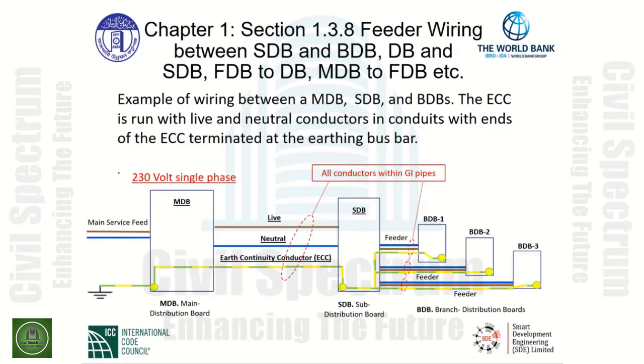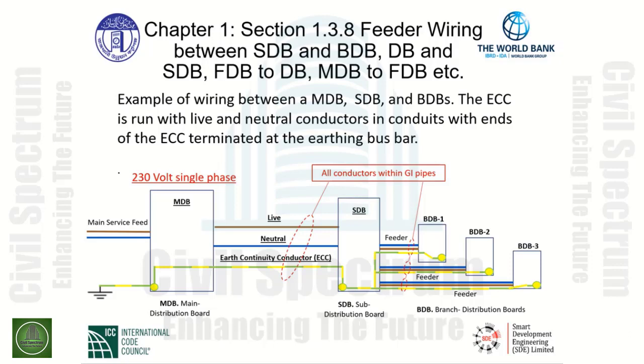An example of wiring between a main distribution board, a sub-distribution board, and branch distribution boards is indicated below. The ECC, or the earth continuity conductor, is run with live and neutral conductors and conduits, with ends of the ECC terminated at the earthing bus bar. We start on the left-hand side of this 230-volt single-phase system.